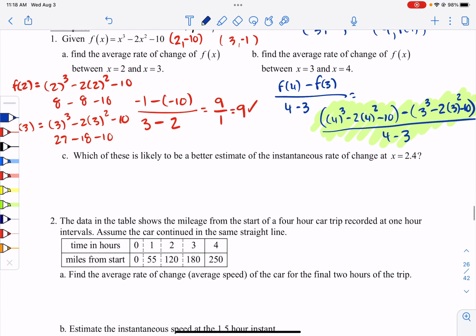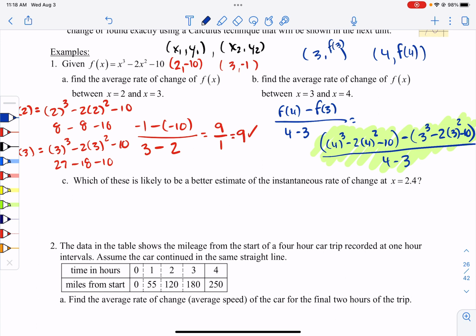Part C, which of these is likely to be a better estimate of the instantaneous rate at 2.4? So of these two values, one of them we estimated between 2 and 3, and one of them was between 3 and 4. If it wants me to estimate the instantaneous rate at 2.4, it's kind of a no duh that this would be a better estimate, right?